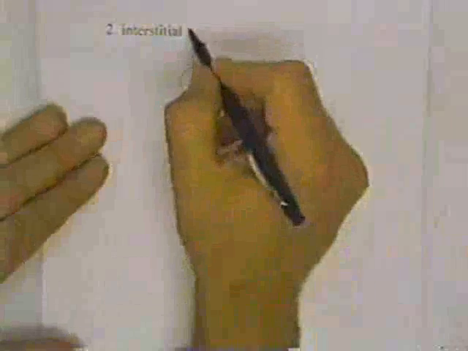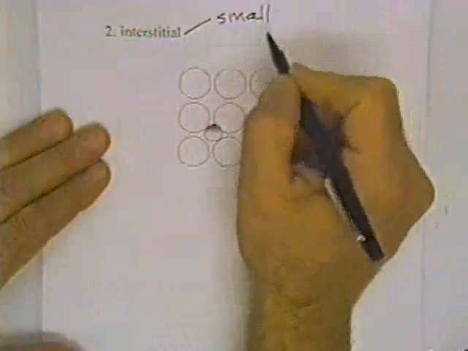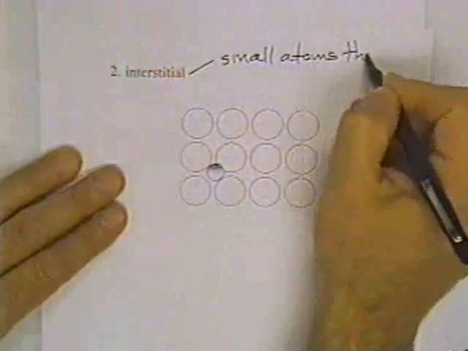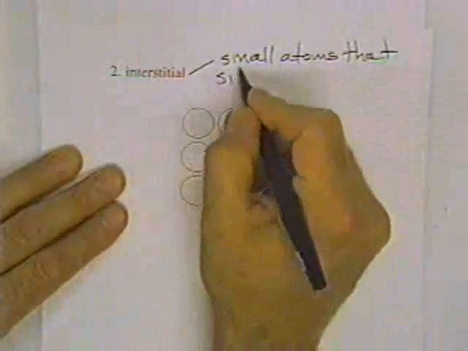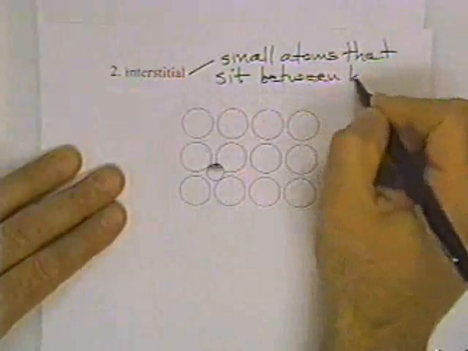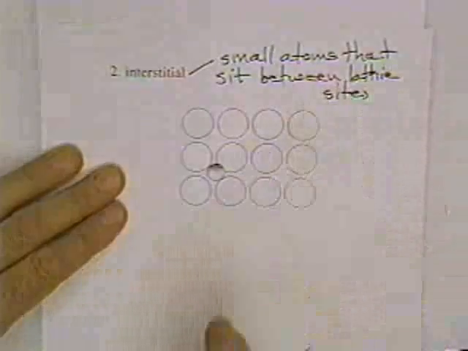Now the second type of diffusion, also can be categorized as volume diffusion, is interstitial diffusion. Now interstitial elements are small atoms that sit between lattice sites.